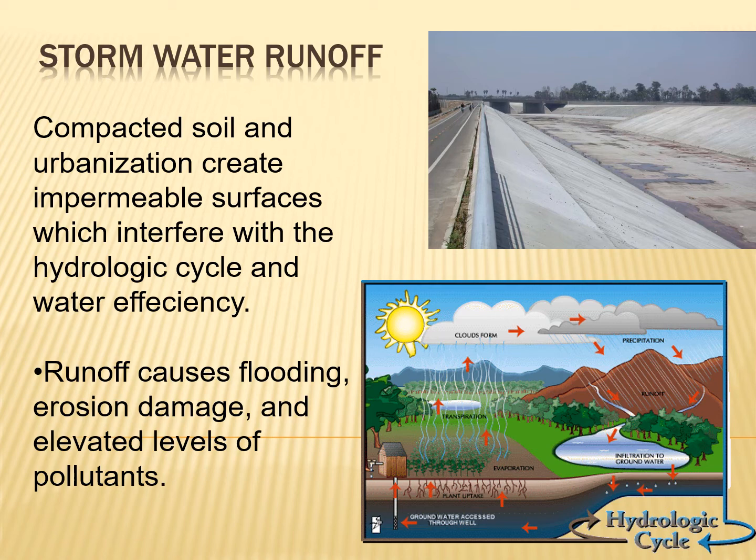So this has really disrupted our hydrologic cycle. And now we're really faced with how do we undo some of this massive urbanization that has created these impenetrable surfaces. So we are looking at ways to return our natural hydrology to get water infiltrating down into the ground.